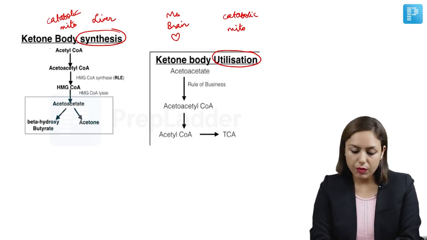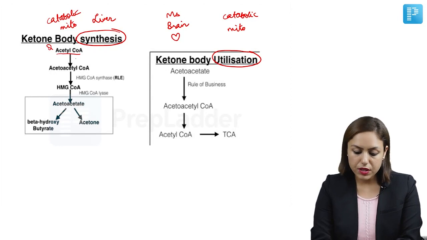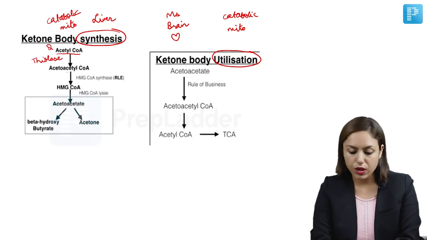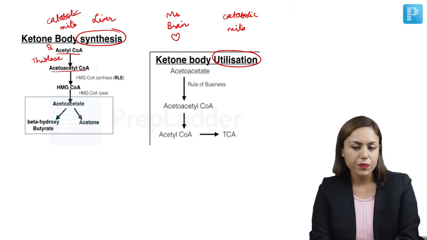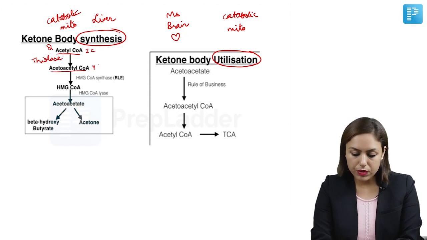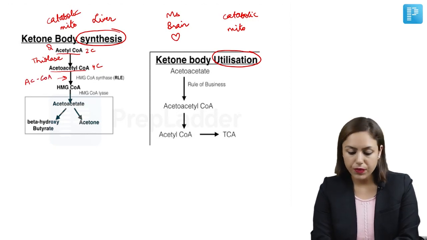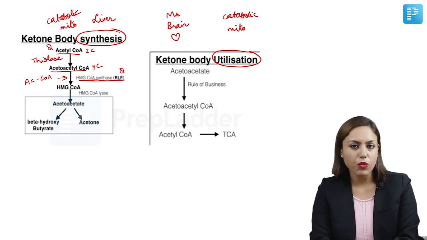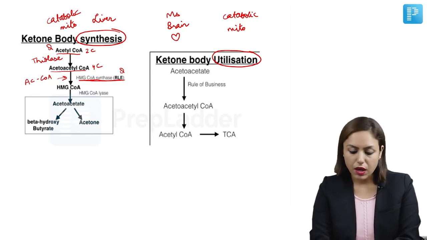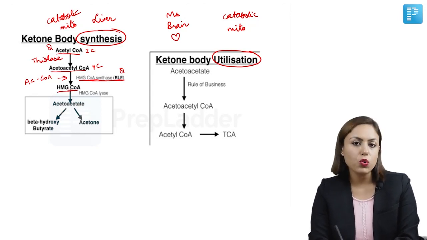Now, the starting material of ketone body synthesis is acetyl-CoA. The first enzyme is thiolase, which converts acetyl-CoA to acetoacetyl-CoA, right? This is 2 carbon, this is 4 carbon. Then one more molecule of acetyl-CoA is added. The enzyme is HMG-CoA synthase, which is the rate limiting enzyme of ketone body synthesis, and this leads to the production of HMG-CoA.